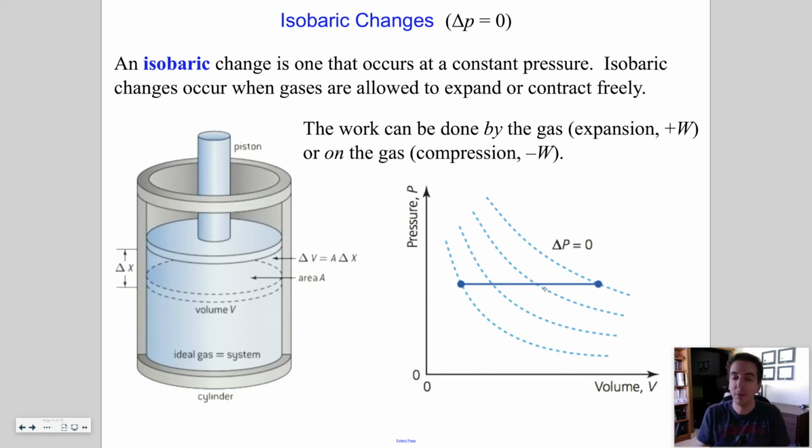So this would represent heating up a gas, where the pressure remains constant. If you draw a line from A to B, you've got a horizontal line. The pressure does not go up or down, because the volume is allowed to increase. That plunger is allowed to go up. The volume gets bigger as the temperature increases.